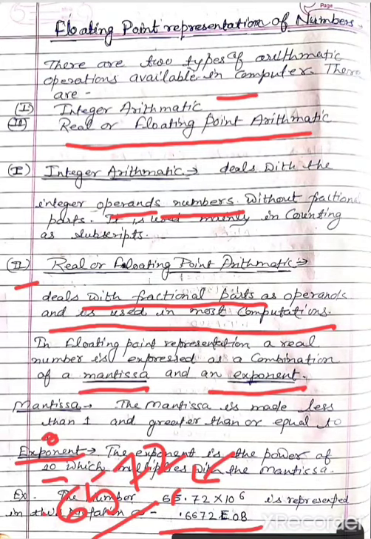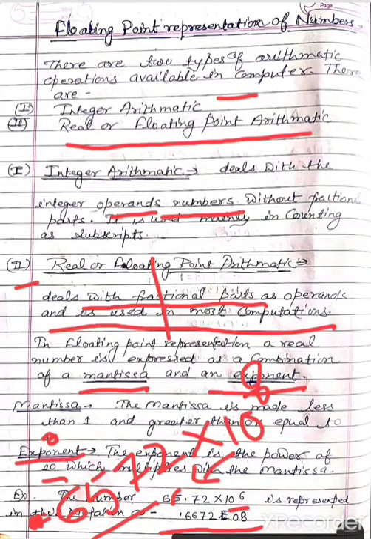This is the mantissa, and shifting the decimal point towards the left up to two places increases the power of 10 by 2. So 10 raised to the power 6 becomes 10 raised to the power 8.